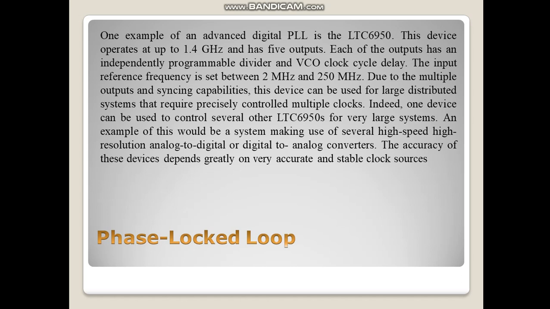Then the synthesizer is more modern, that is the direct digital synthesizer. The third type is routinely used as communication system IC building blocks, indirect digital, that is the PLL synthesizer. So of these three types, we are discussing the PLL, which is the recent and advanced type.